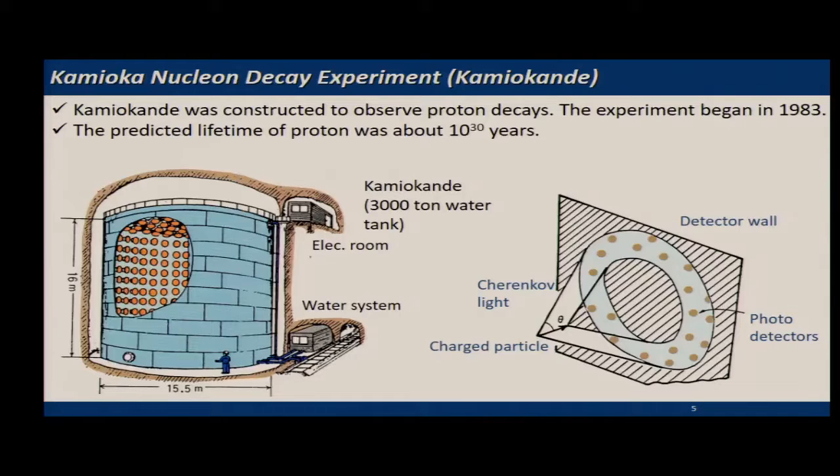And if a charged particle propagates in the water, a faint light called Cherenkov light is emitted. And these lights are detected by photodetectors instrumented at the wall of the detector. So we wanted to observe proton decays.